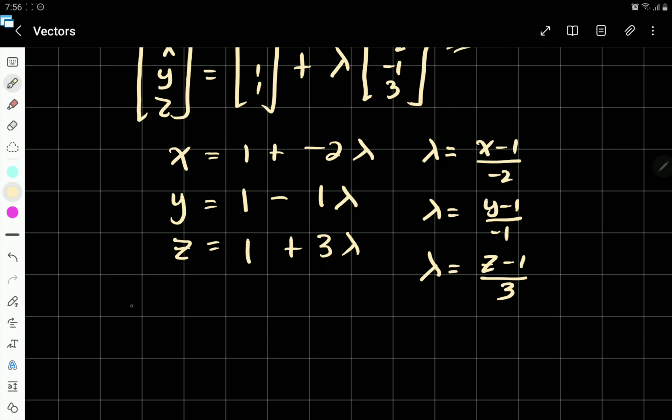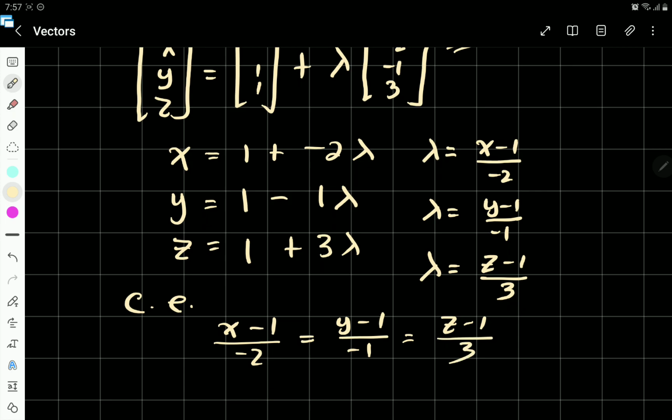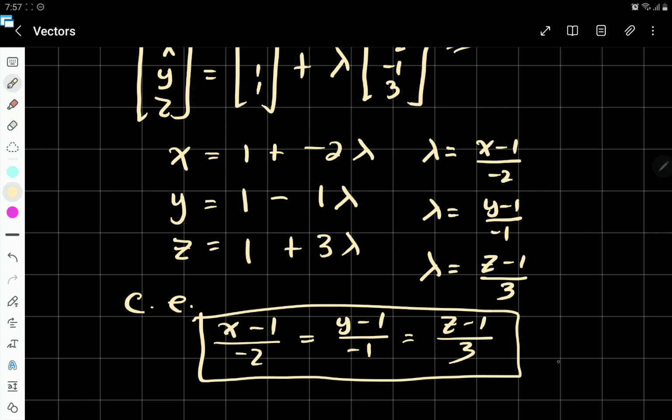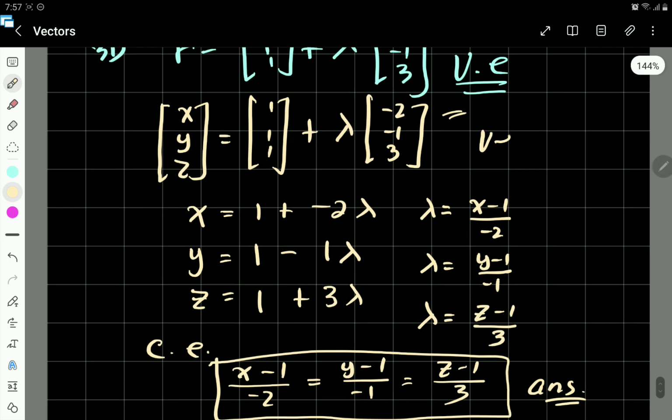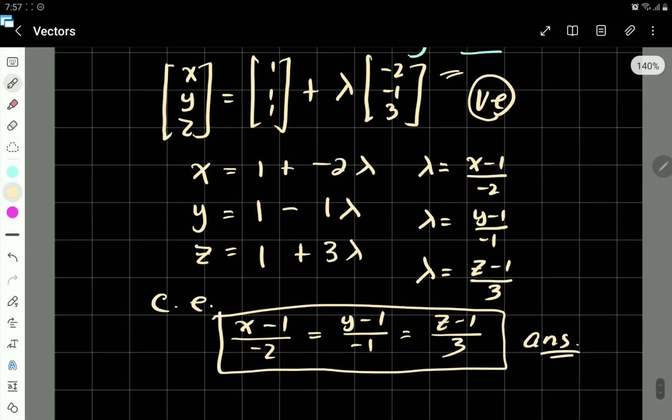So therefore, the Cartesian equation now will be (x - 1)/(-2) = (y - 1)/(-1) = (z - 1)/3, which is your λ. So this is the answer that we're looking for, the Cartesian equation of a 3D line, while this one is the vector equation of the 3D line.